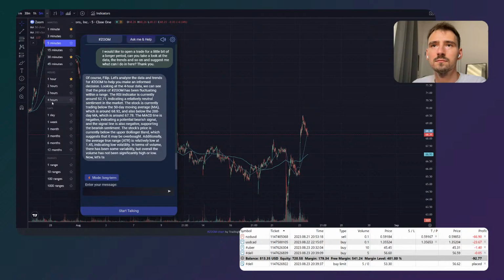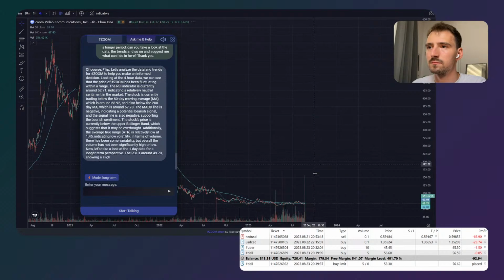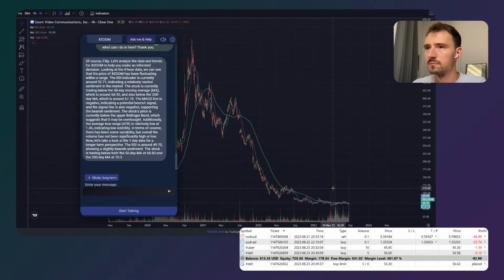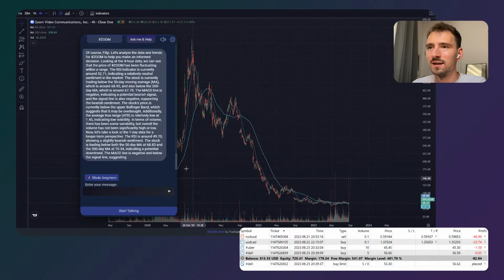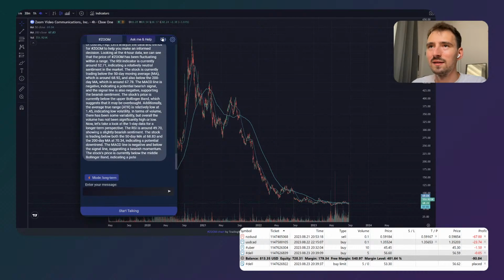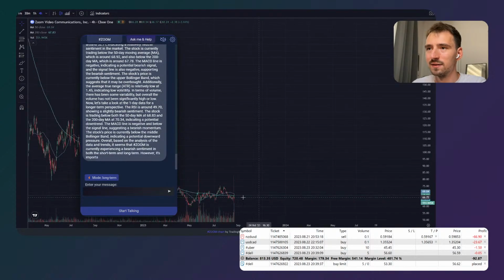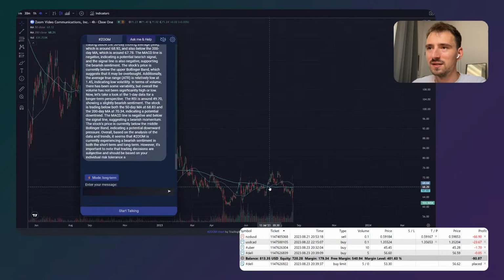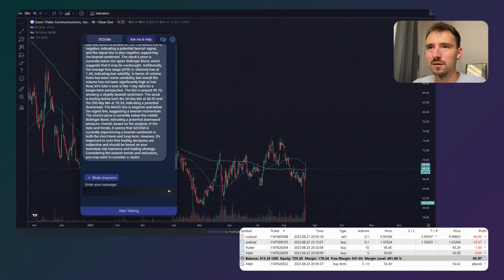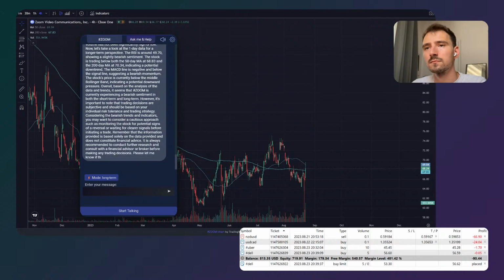And yeah, so it is fluctuating within a range. The RSI indicator is currently around 52.71, indicating a relatively neutral sentiment in the market. Zoom was booming in the COVID times, and now it's just almost flat. Is this actually worth doing anything in here? The MACD line is negative, indicating a potential bearish signal, and the signal line is also negative, supporting the bearish sentiment.